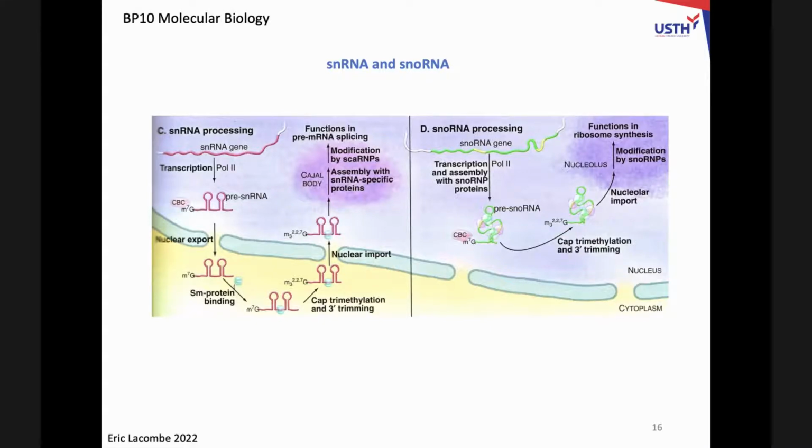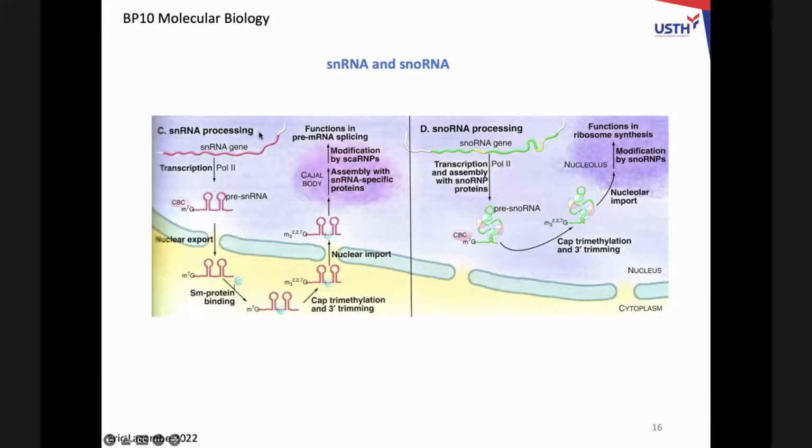What you probably heard is that all the genes transcribed by polymerase II can be translated. But there are a few exceptions, like this type of gene. The sn genes are transcribed by polymerase II, but will never be translated because their function is not carried by the protein, it's carried by the RNA itself.